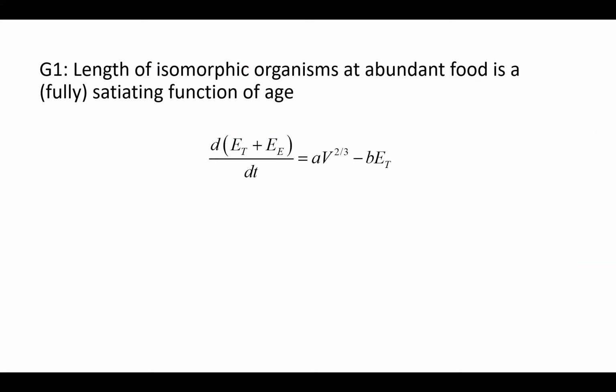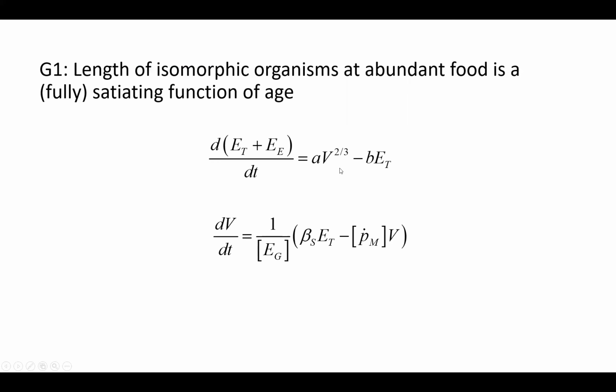So let's just sum up the two energy equations. We get a linear closure term, which means that as E_T grows up, it will eventually catch up with V^(2/3), and E_T scales with V^(2/3).